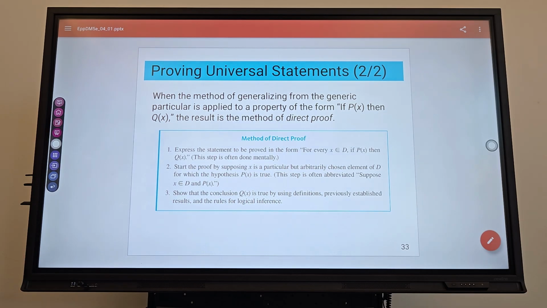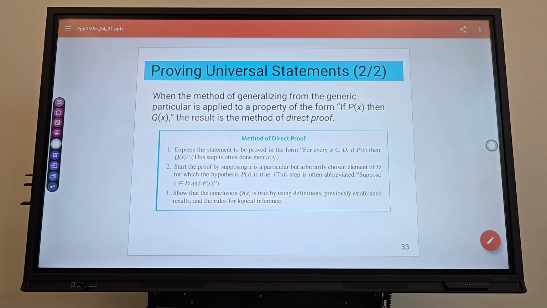When the method of generalizing from the generic particular is applied to a property of the form if P of x then Q of x, the result is the method of direct proof. Express the statement to be proved in the form of, for every x in D, if P of x then Q of x.